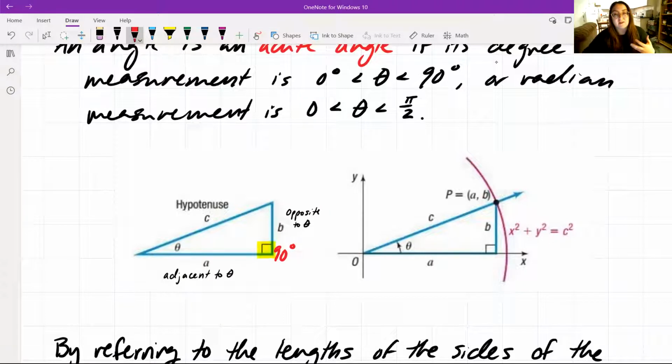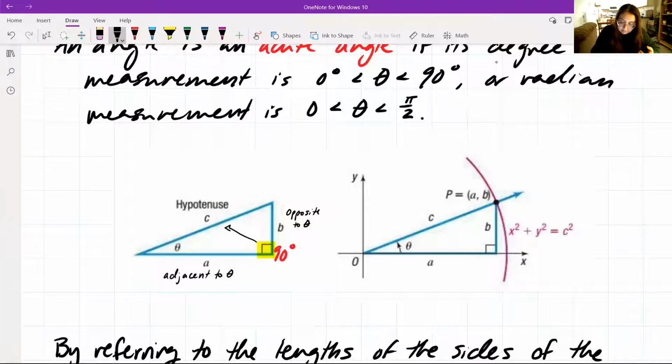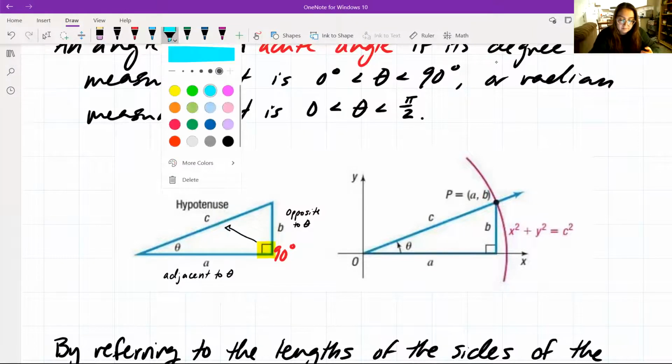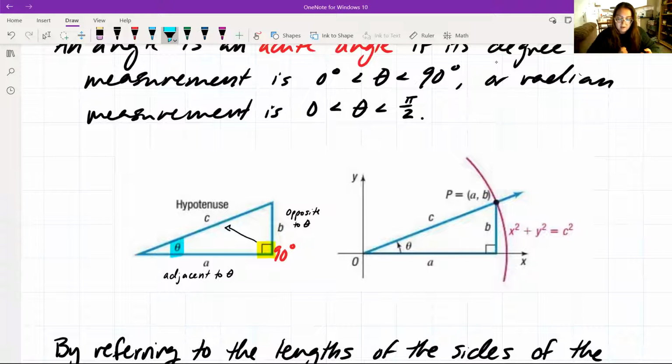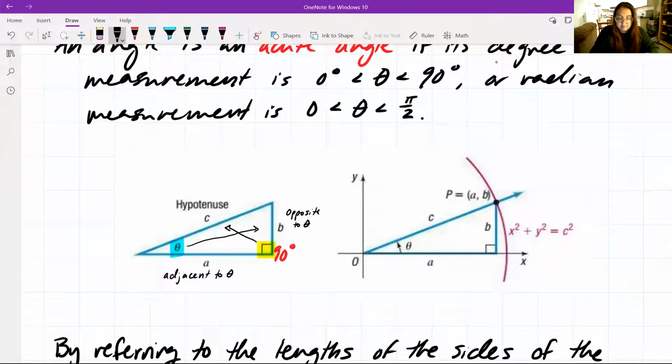Our long end is our hypotenuse C. We see it as opposite of the 90-degree angle. Then we have here our angle theta, and from theta we see that side B is opposite and side A is adjacent to theta, not our 90-degree angle, just theta.